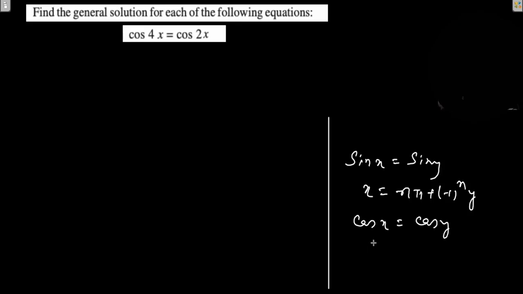When sin x equals sin y, then my general solution becomes x equals n pi plus minus 1 to the power n into y, and when it is cos x equals cos y, then my x becomes 2n pi plus minus y, and the third one is when tan x equals tan y, then your x becomes n pi plus y.